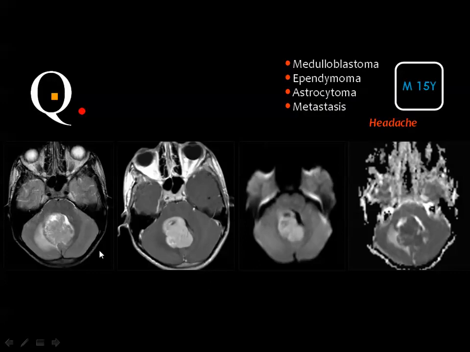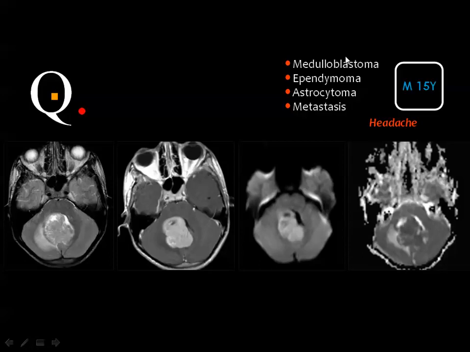Axial T2, T1 post-contrast, diffusion, ADC of a child with headache, showing a space-occupying lesion centered in the region of the fourth ventricle. What do you think?